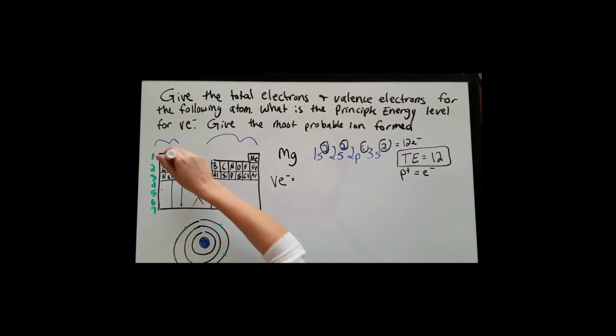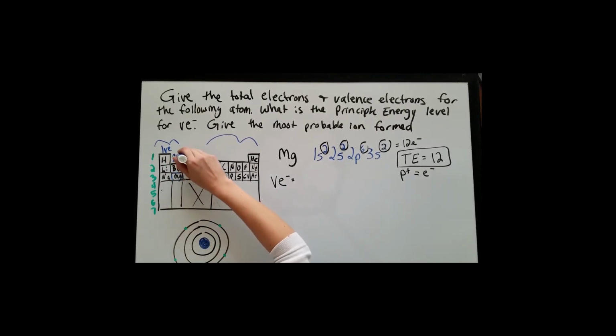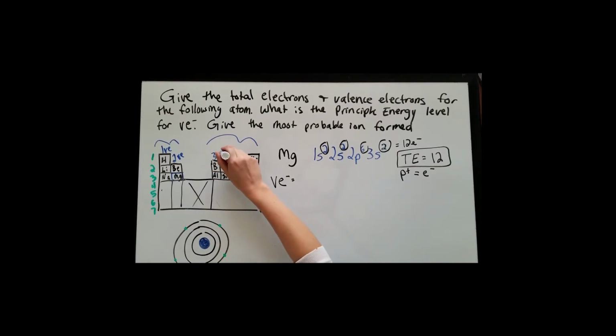For main group elements, everybody in group 1 has 1 valence electron. Everybody in group 2, the alkaline earth metals, has 2 valence electrons. Everybody in group 13 has 3, 14, 4, 5, 6, 7, all the way up to 8.